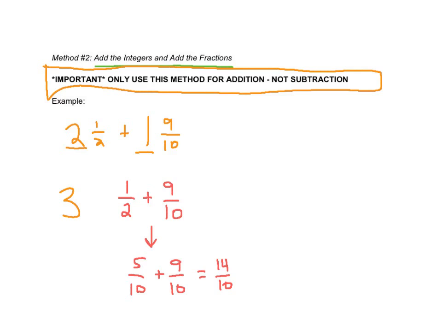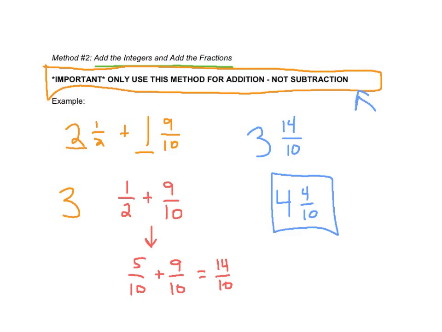So now, very simply, we combine both of those things. We have 3 from the integers, we have 14/10 from the fractions. However, 14/10 is still an improper fraction, so we want to convert this all the way to a mixed number, and we're going to end up with 4 and 4/10.